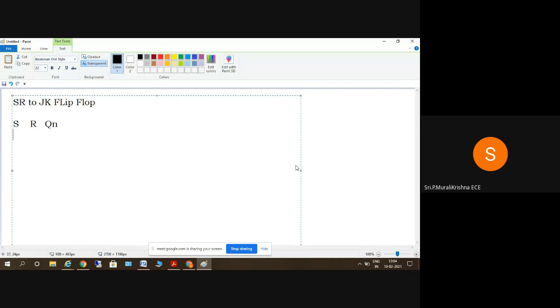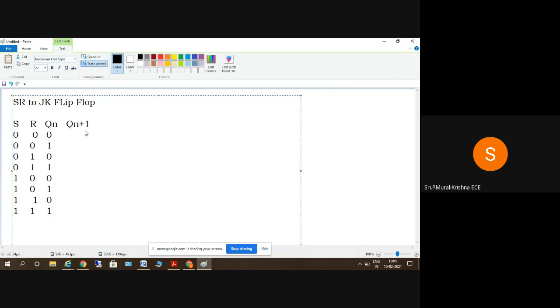So 3 combinations, so we will get 8 possible combinations here. 0 0 0, 0 0 1, 0 1 0, 0 1 1, 1 0 0, 1 0 1, 1 1 0, 1 1 1. And the values of Q of n plus 1.